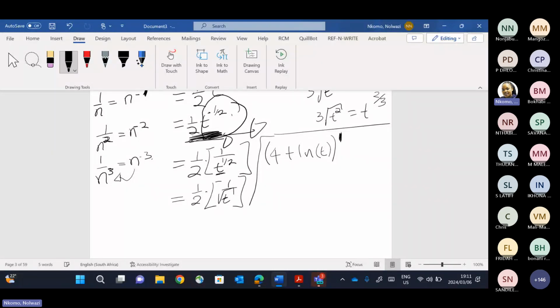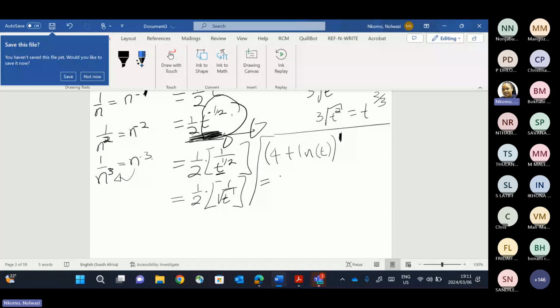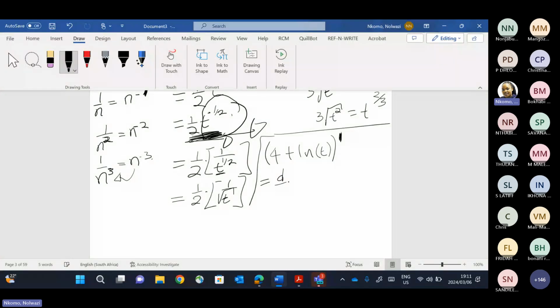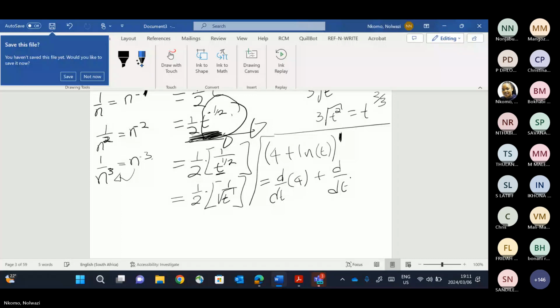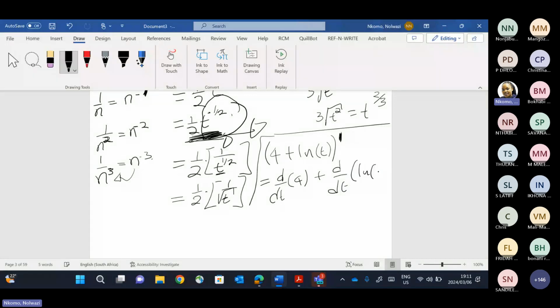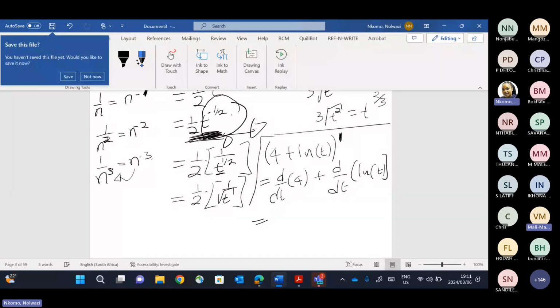We can separate this and write this as d over dt of 4 plus d over dt of 5 ln t. Okay, 4 is a constant. We said rule 1, the derivative of a constant is 0, right? So we have 0 plus.